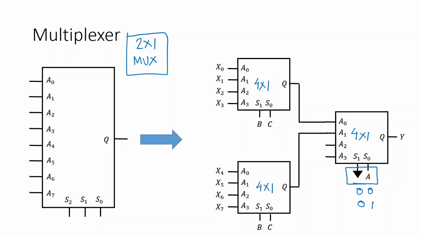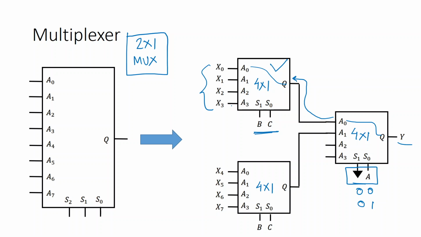So when A is 0, this A0 is getting connected to Q, and this line is the output of this particular mux. So this is getting activated, and hence again, according to BC, some of these inputs are coming. So when A is 0 and BC is 0, X0 is coming here, and then coming here, then coming here at the output.